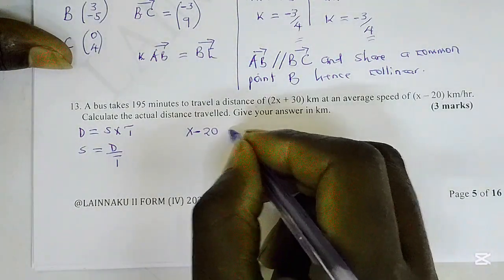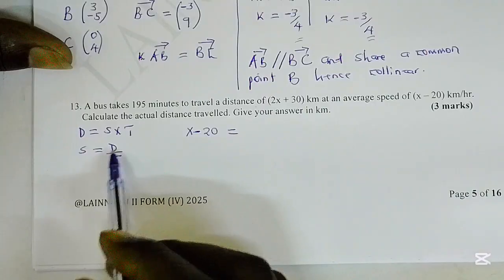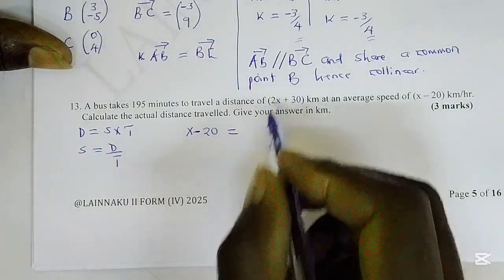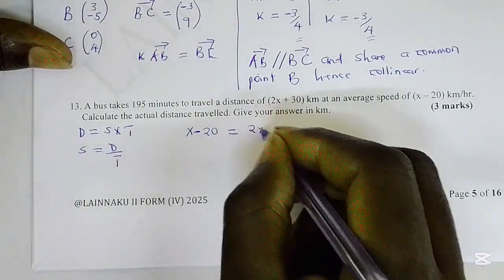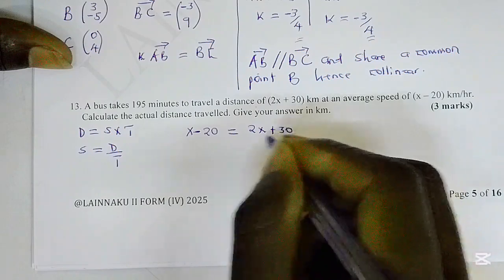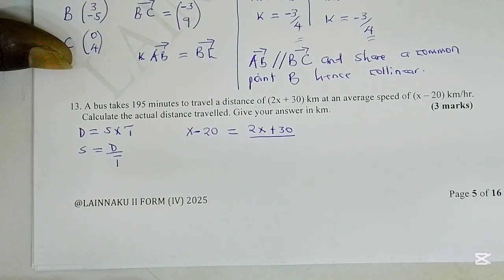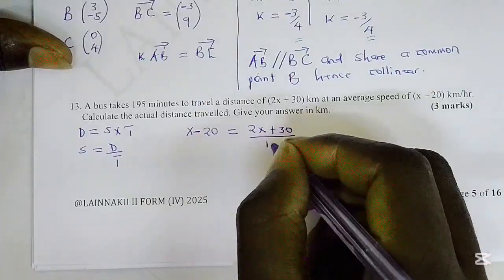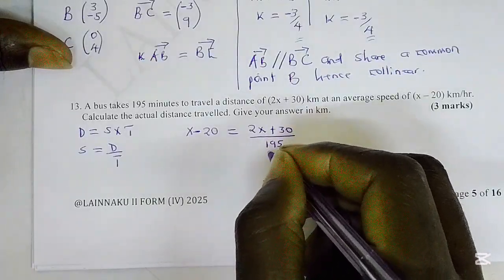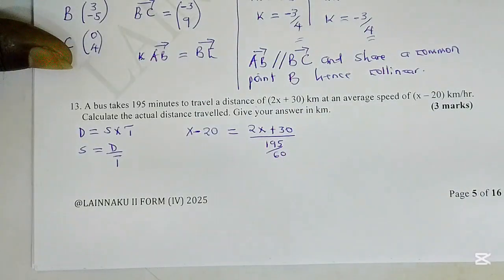And this one should give us the distance, which is 2x plus 30, divided by the time. The time is what? The time is 195 minutes over 60. Why? Because it's supposed to be in hours.